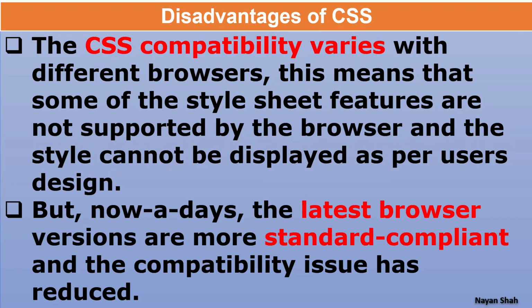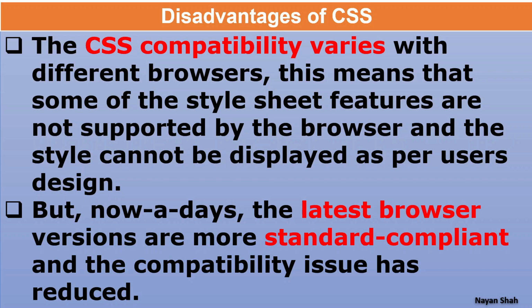Disadvantages of CSS: because this textbook was written almost 8-9 years ago, there are some disadvantages discussed in the textbook. What are those? Let us see. The CSS compatibility varies with different browsers.